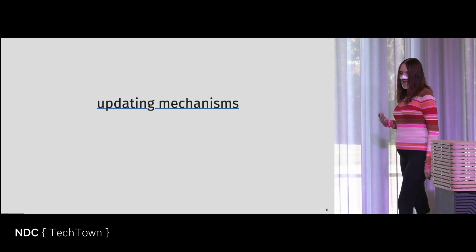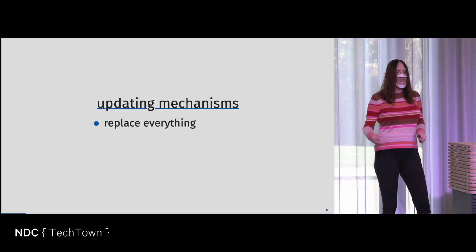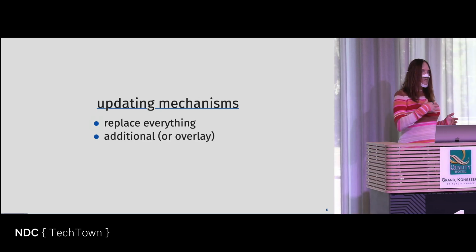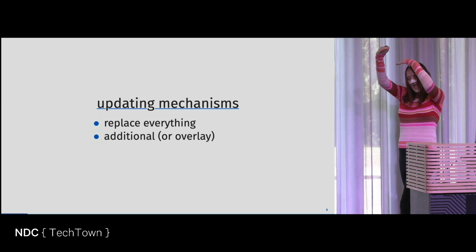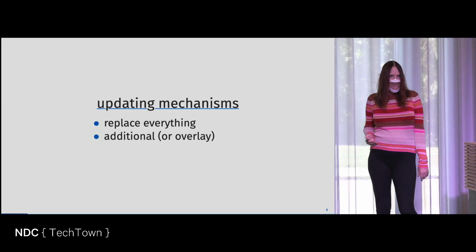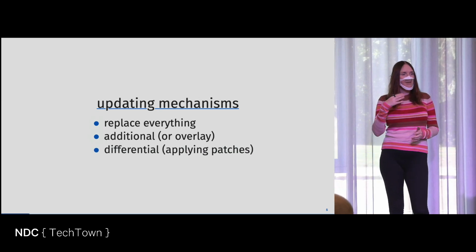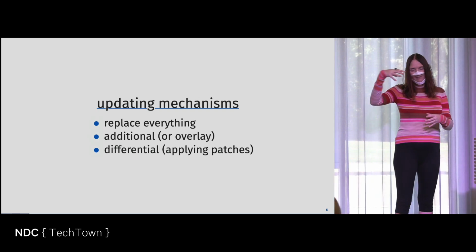Updating mechanisms in your applications can be replace everything: every time you update, you just replace everything, and you are done. It can be some overlay over your current data, like this, and that's also fine. Or it can be a differential update, where you apply patches every time you update. You change what you have into something new.